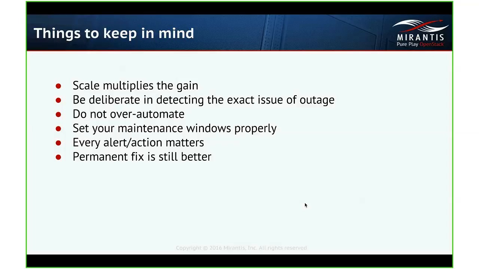So set your maintenance windows properly. This one actually has a story behind it. Right after we implemented auto-remediation of our Nova Compute service in our OpenStack cloud, one of our engineers was doing an upgrade, and it required the Nova Compute to be stopped. But since he set the wrong time frame in the Zabbix maintenance window, Zabbix was still firing actions.